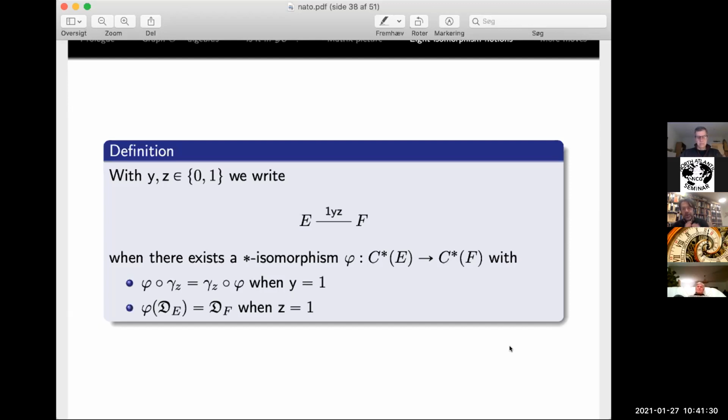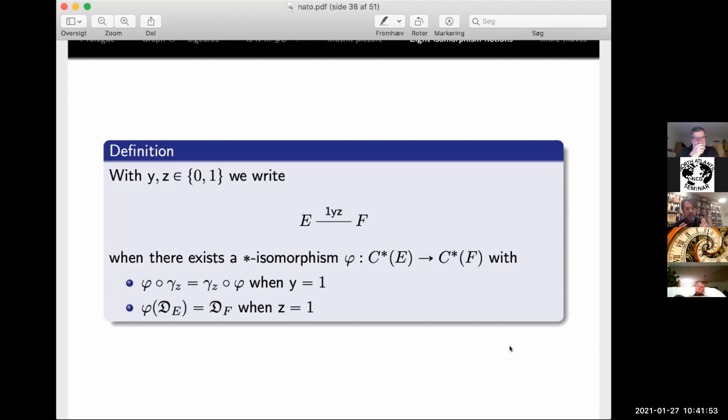In order to have language for this, I call this an X, Y, Z isomorphism, where X is the bit that is set if you want an on-the-nose isomorphism, Y is the bit that is set if you want a gauge invariant isomorphism, and Z is the one that you need to preserve the diagonal.